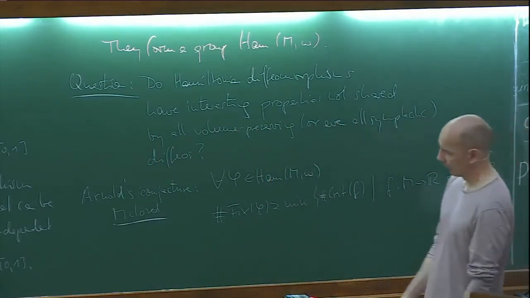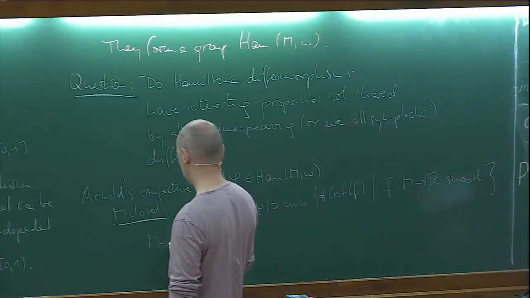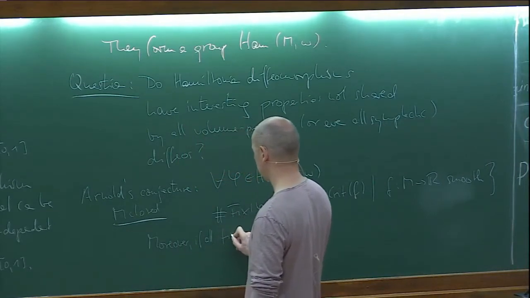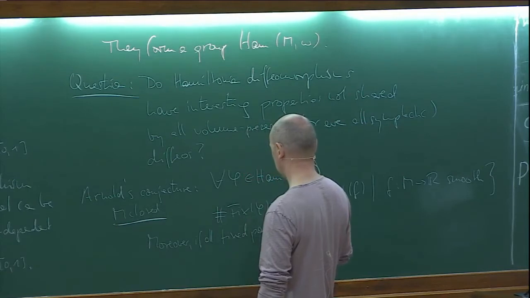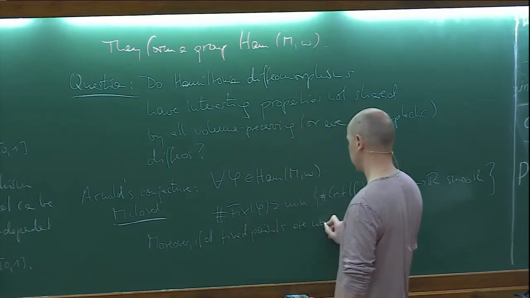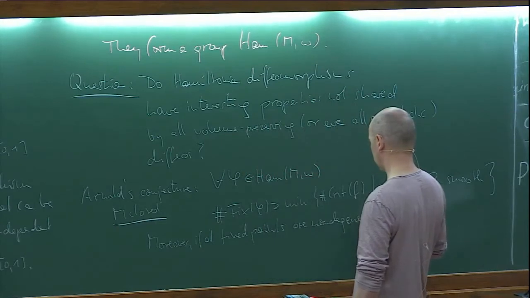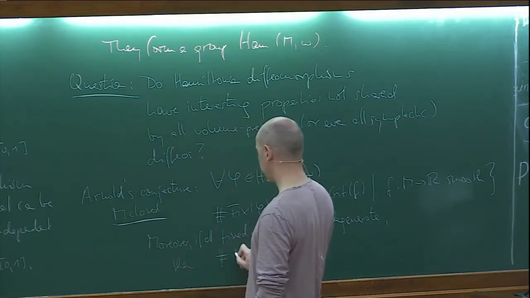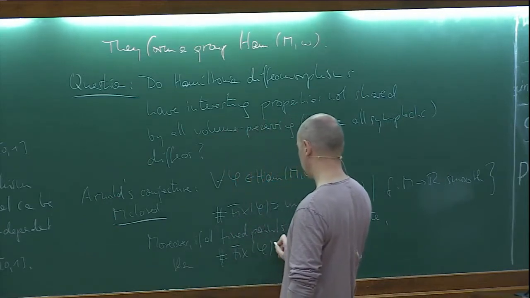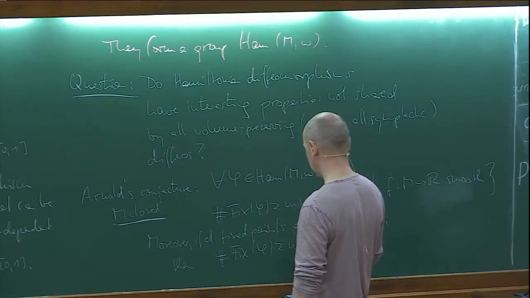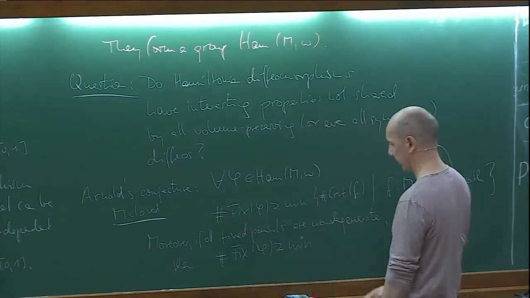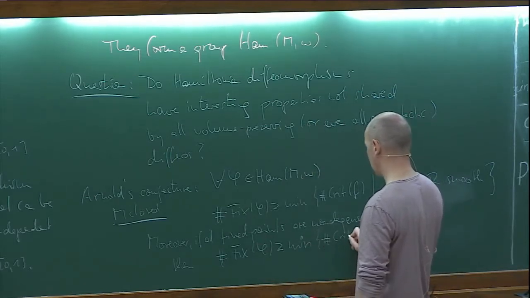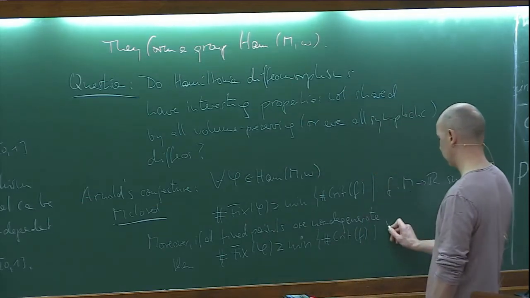And moreover, if all fixed points are non-degenerate, I'll say what this means in a second, then the number of fixed points of phi, for any Hamiltonian diffeomorphism, should be bounded below by the minimal number of critical points of some Morse function.